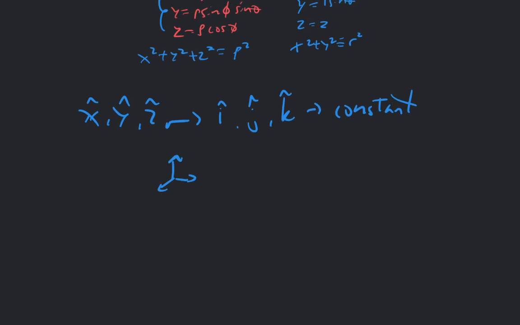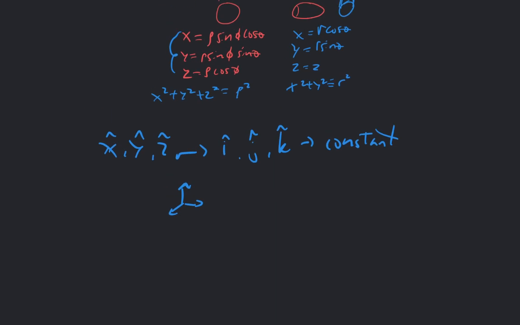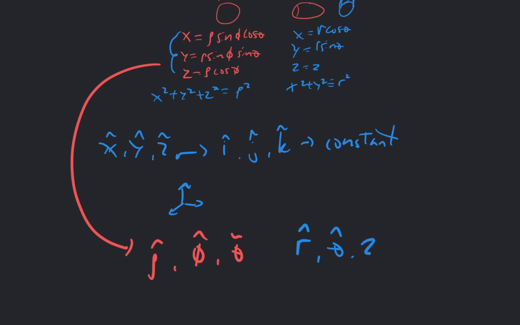In new coordinate systems, you're going to have new unit vectors. For spherical, for instance, you're going to have rho hat, phi hat, and theta hat, just based on the variables that are in this coordinate system. In cylindrical, you're going to have r hat and theta hat and z hat.